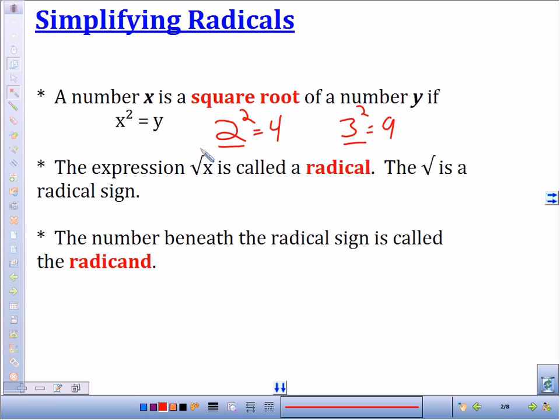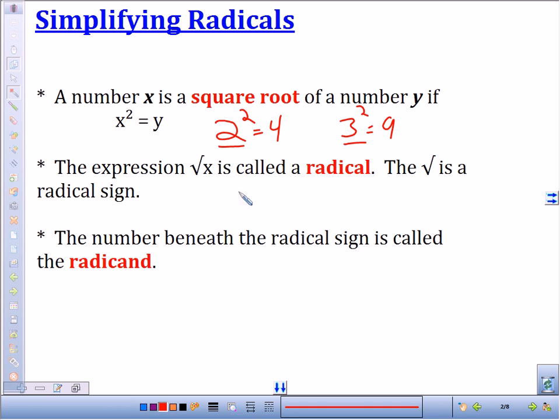Now, the expression, the square root of x, is usually referred to as a radical. Most of the time, we do just say the square root of x. But it's important to realize that this whole thing, whatever x happens to be, is referred to as a radical. And the square root symbol is actually called the radical sign.